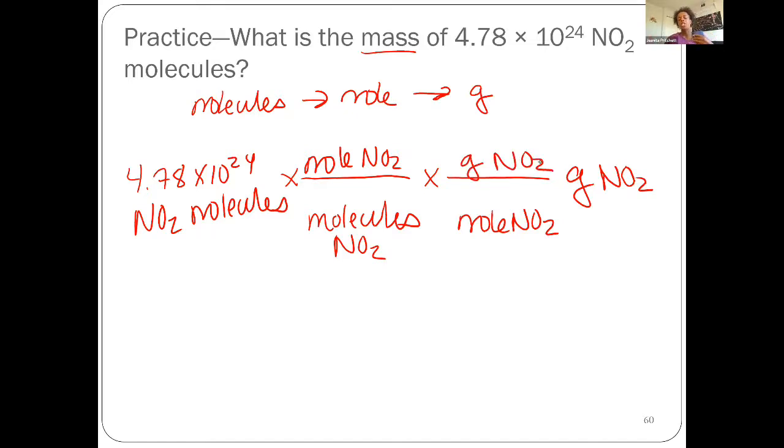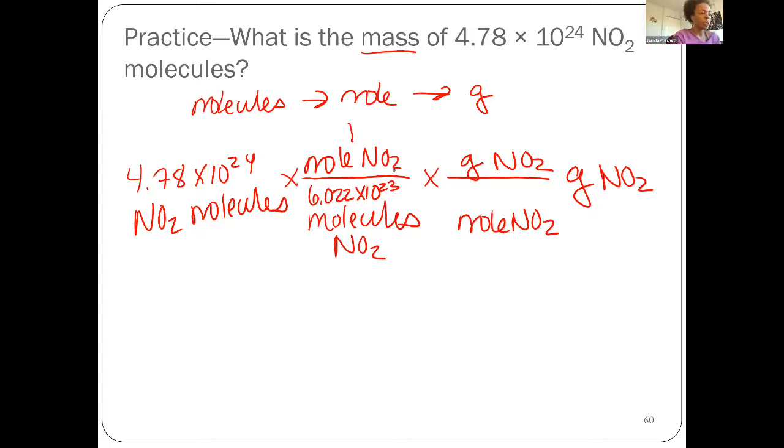Think about the relationships when I'm going from molecules to moles, or atoms to moles, or formula units to moles. When I'm counting to moles, I'm using Avogadro's number. So that would be 1 mole is to 6.022 times 10 to the 23rd. And for the moles to grams, that's the molar mass. So we have to first calculate the molar mass.